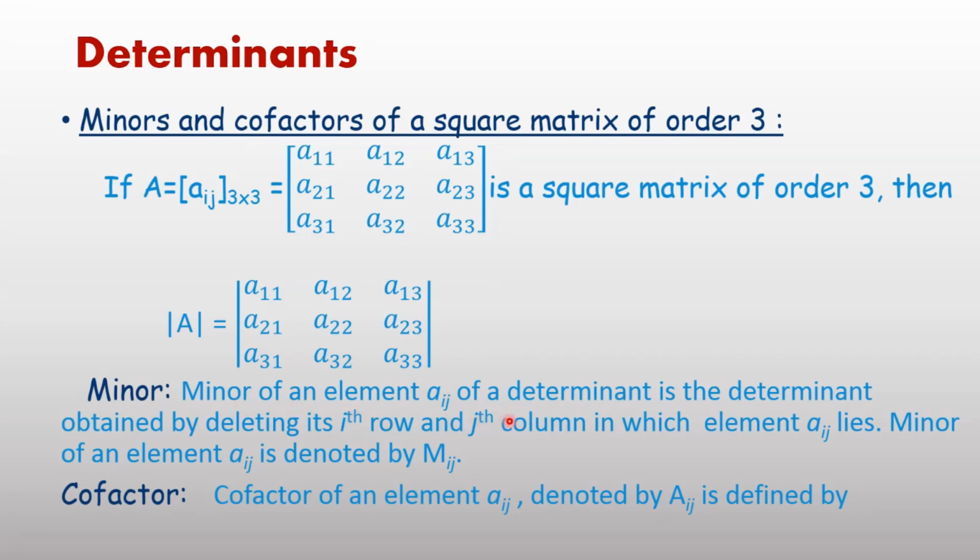Minor means a determinant obtained by deleting the ith row and jth column is known as Mij. And cofactor is Mij multiplied by its position, position meaning (-1) power i plus j, and you will get the cofactor. Now here you have to find minors and cofactors of the determinant of order 3 by 3.